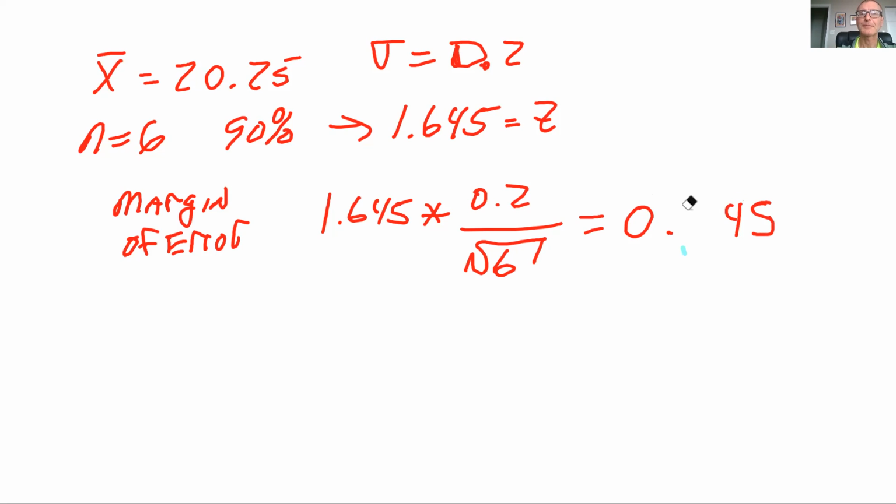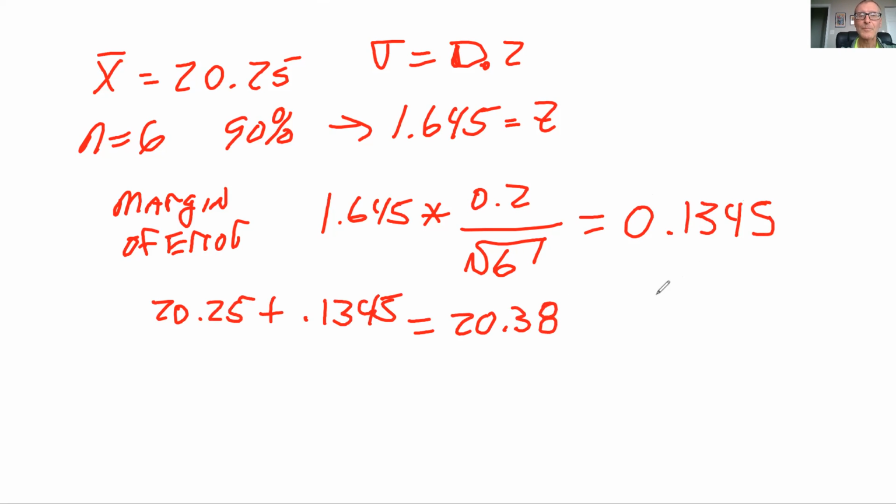Basically, the high end would be 20.25 plus 0.1345, and that would be 20.38. And the low end would be 20.25 minus 0.1345, and that would be 20.12.